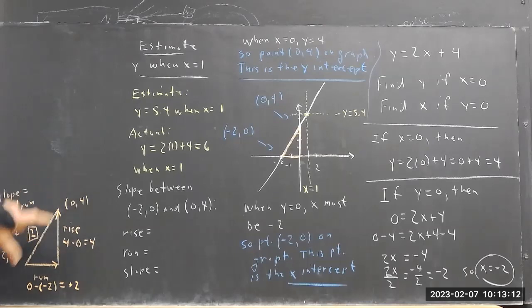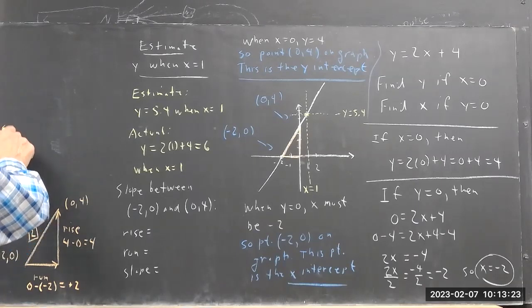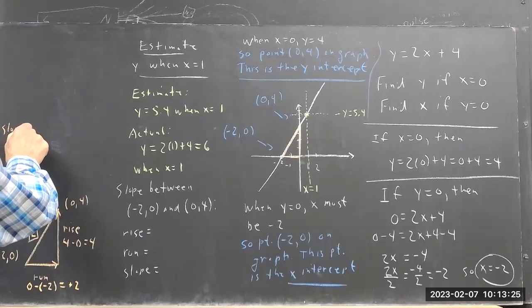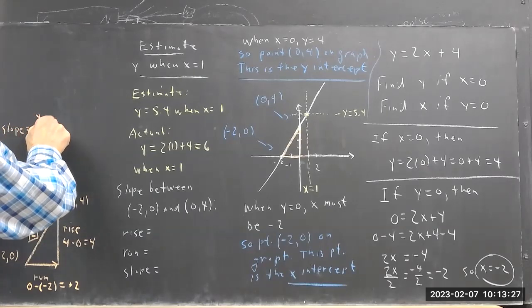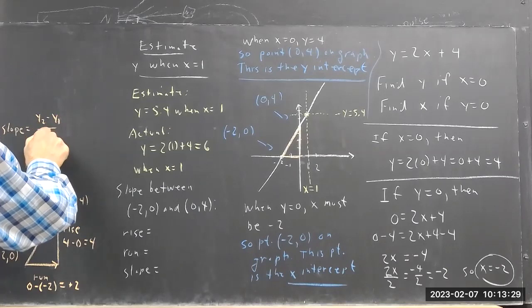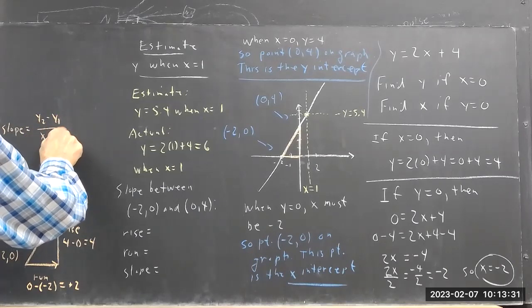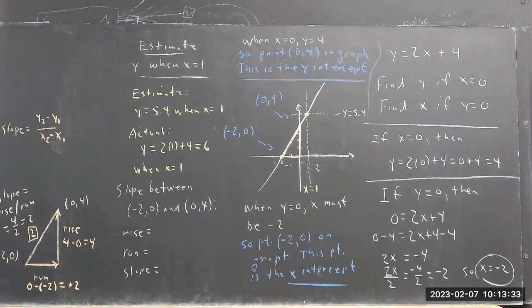But if you have this picture, it can be helpful. Now, you don't have to have that picture. You have a formula. Okay. Slope is y2 minus y1 over x2 minus x1.